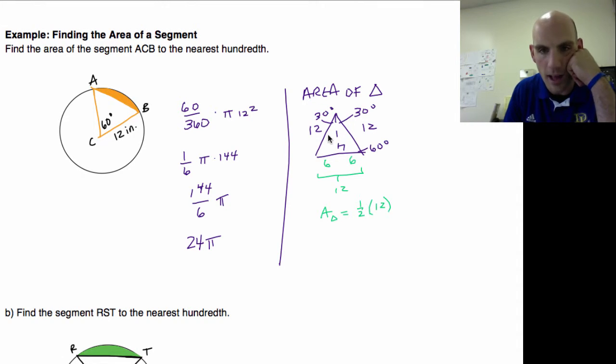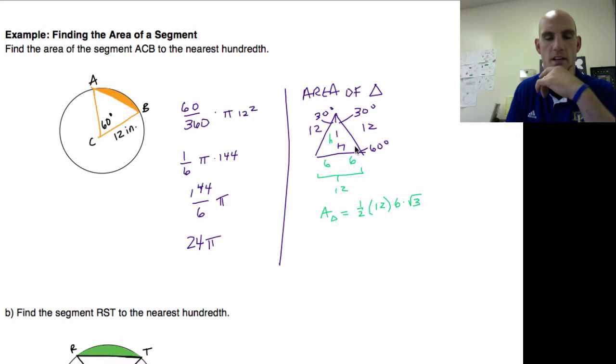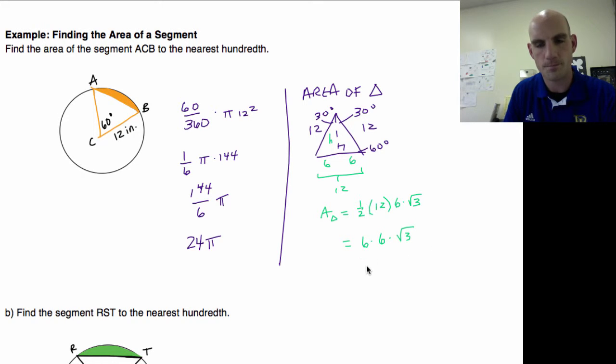My height I don't have, but since I know the short leg, it's going to be 6 times square root 3, because that's a special right triangle. So I just need to reorganize this. I've got 6 times square root 3, 12 root 3 for the area of the triangle.